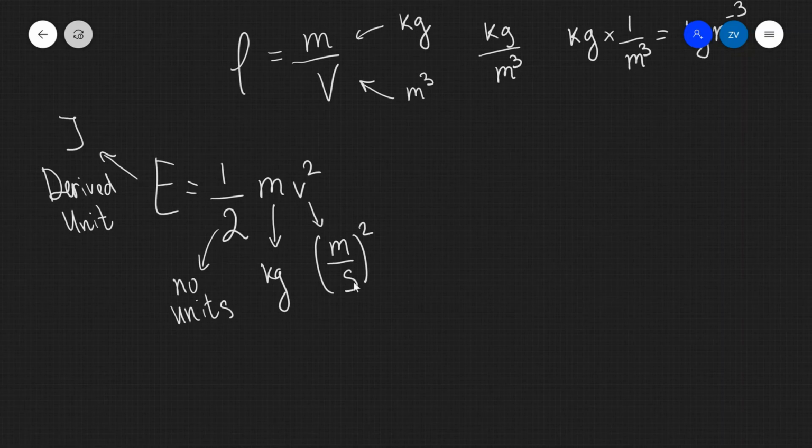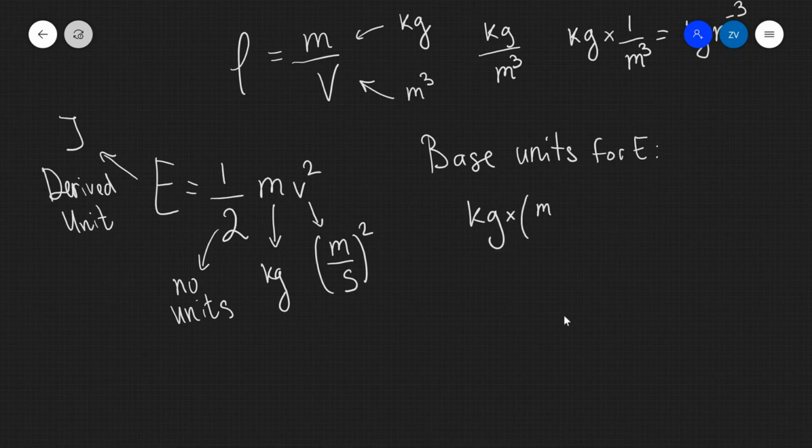Let's put this into an expression. So the base units for energy are simply going to be kilograms times meters squared divided by seconds squared.